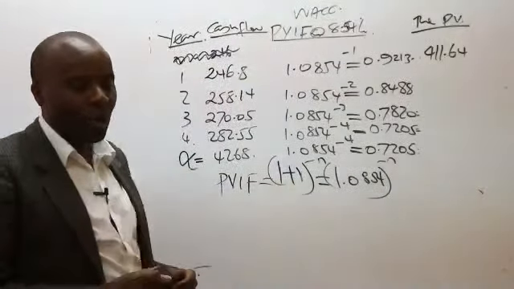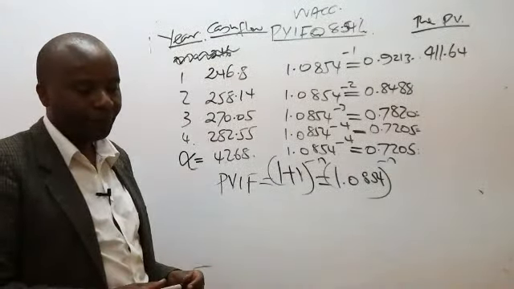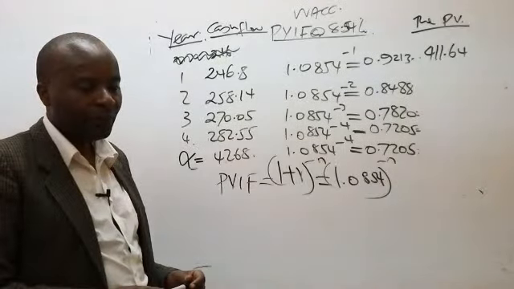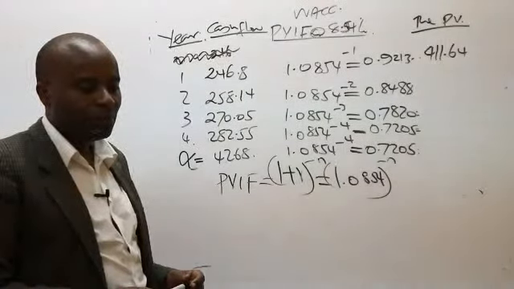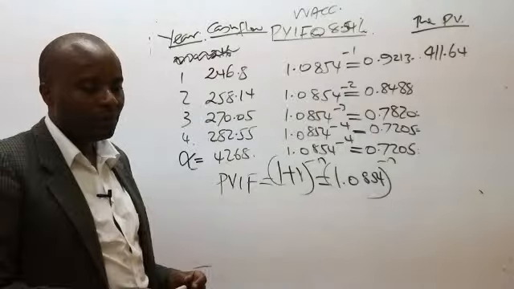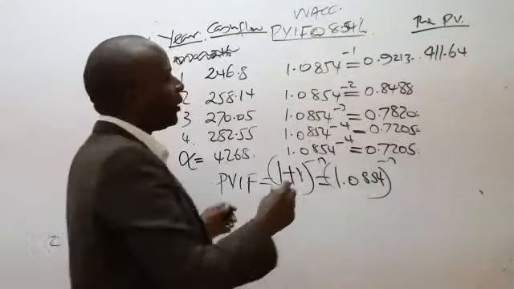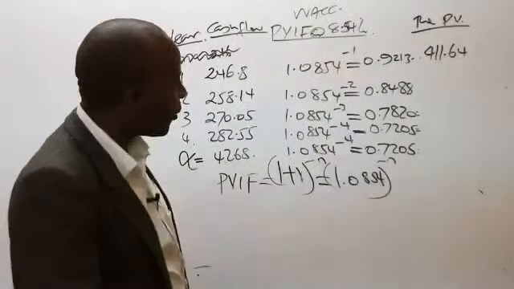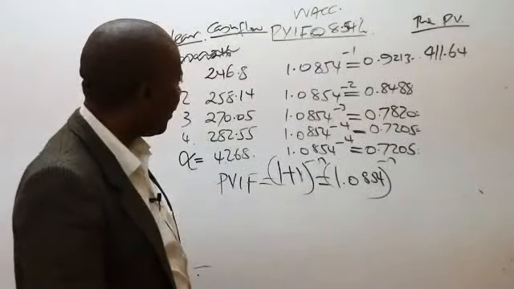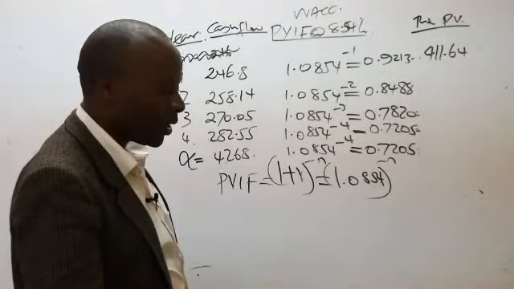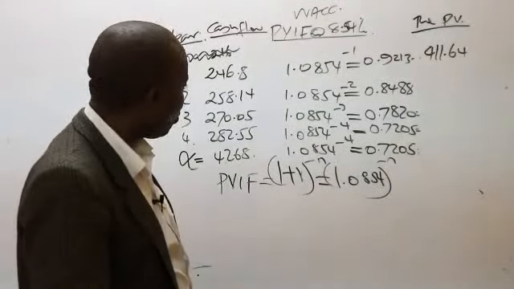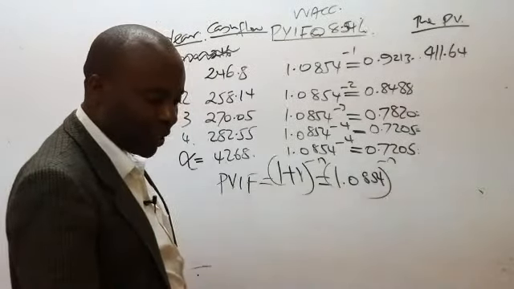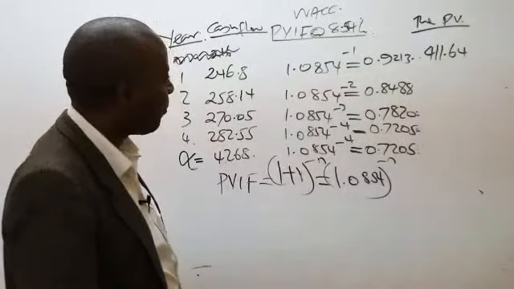The second one, how much? 227.38 is the first, and the second one is 219.11.